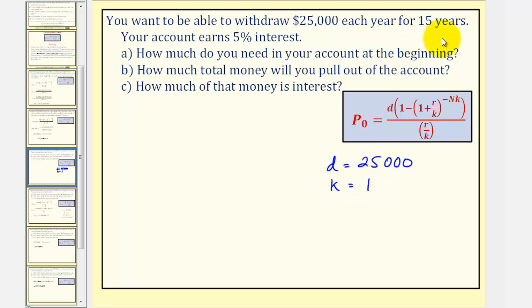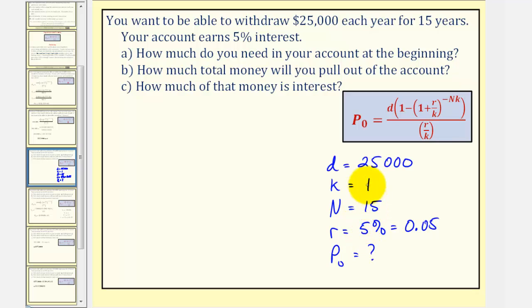The withdrawals are made over 15 years, which means N is equal to 15. And the account earns 5% interest, so R is equal to 5%, which must be expressed as a decimal, which would be 0.05. To answer part A, how much do you need in the account at the beginning, we need to find P sub 0.